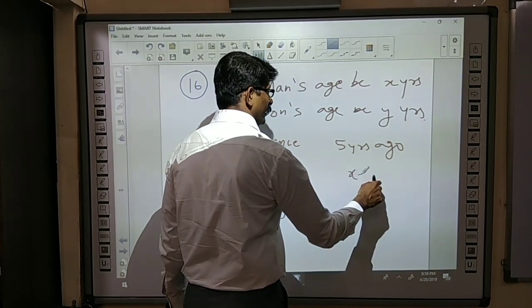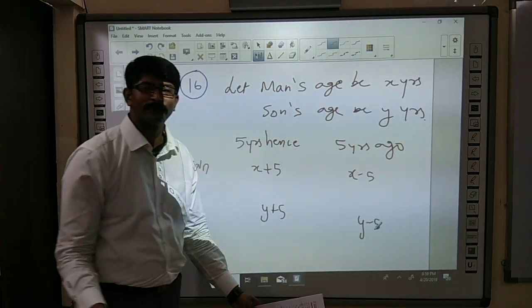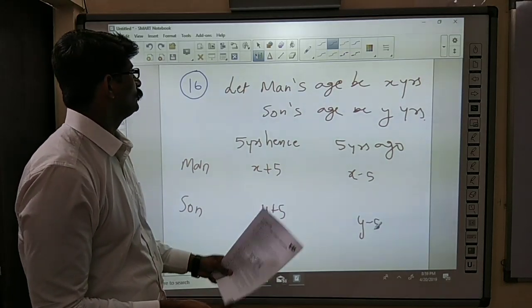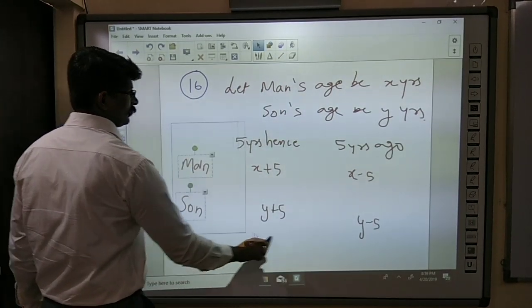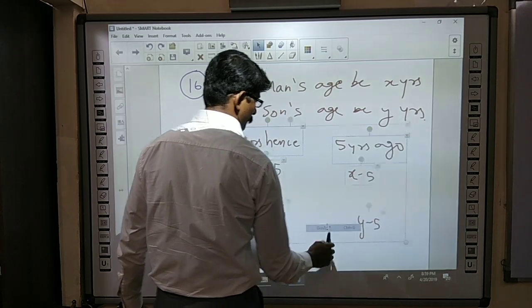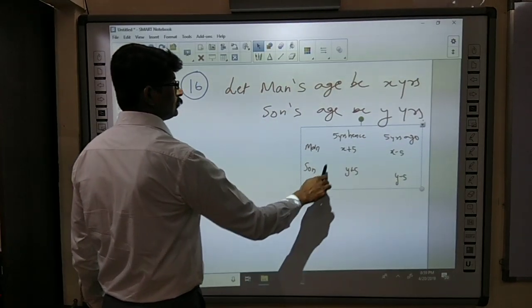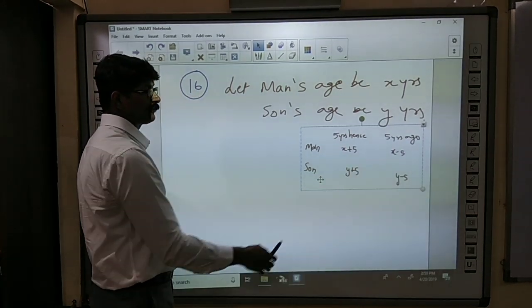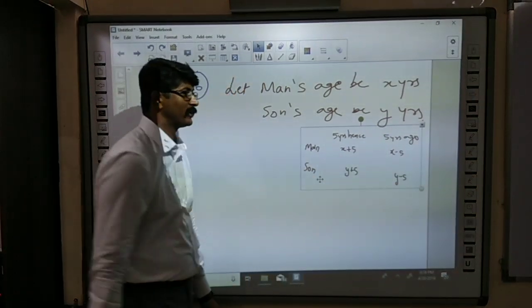Isn't that simple? I'll put everything in one place: 5 years hence, x plus 5 and y plus 5; 5 years ago, x minus 5 and y minus 5.